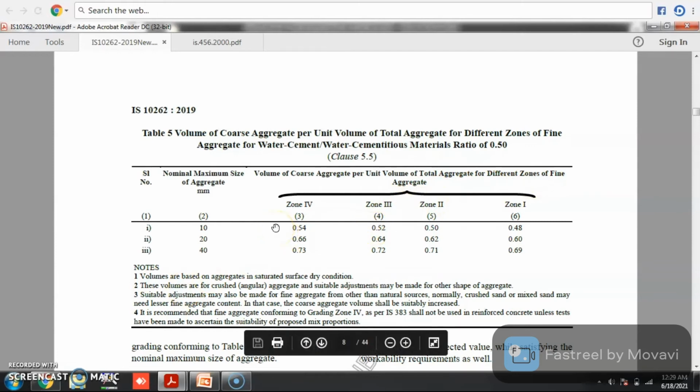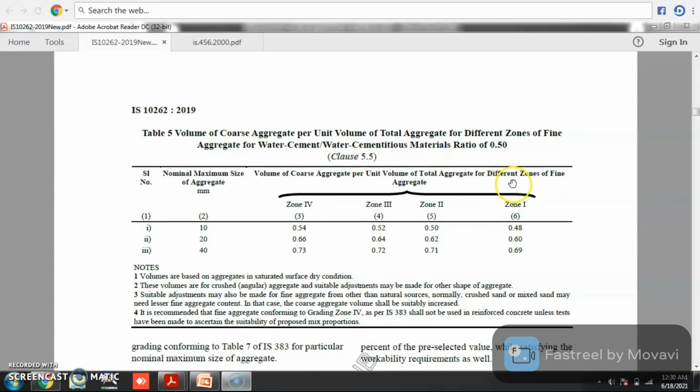Based upon the gradation of aggregates, there are four zones of fine aggregate. If the fine aggregate we are using is in zone 2 and the nominal maximum size of aggregate is 20 mm, the value comes around 0.62. So out of the total volume of aggregate, the coarse aggregate occupies 0.62, meaning 62% of the total volume of aggregate.